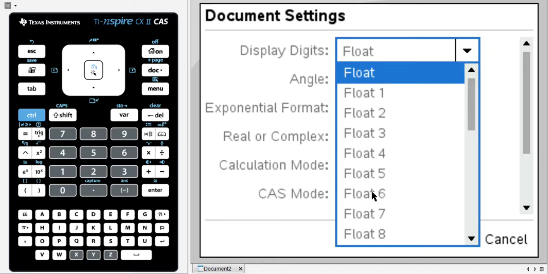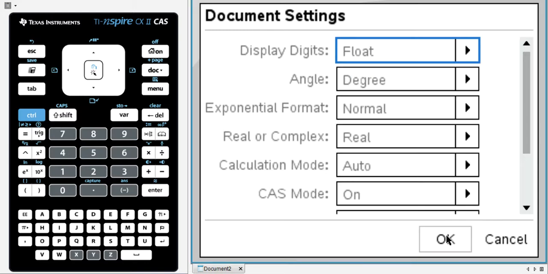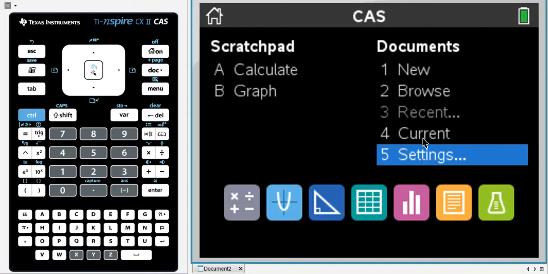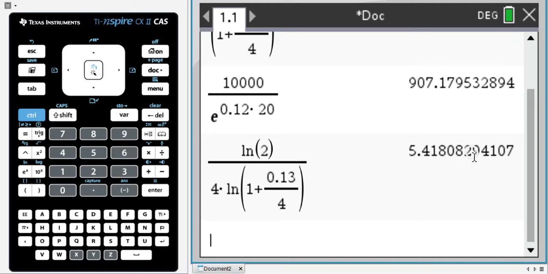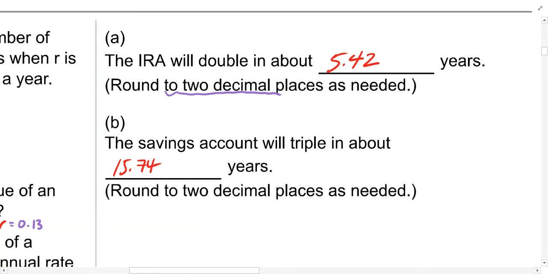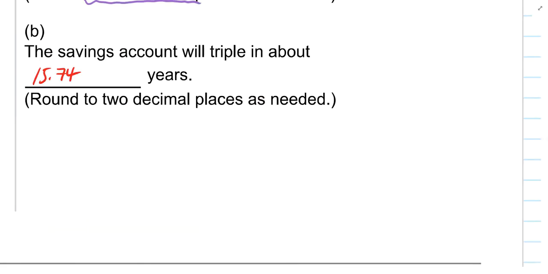Float 6 is sort of like asking the calculator to return 6 significant digits, and sometimes that's enough decimal places and sometimes it's not. If we change to float, then the calculator will display as many decimals as possible at all times. So we see a bunch of them there, and we can round as needed. 5.418 does round up to 5.42. So evidently it takes about 5.4 years in order for the individual retirement arrangement to double.